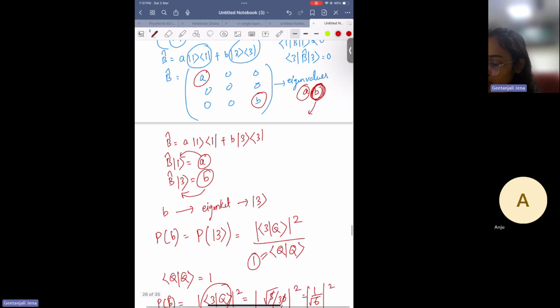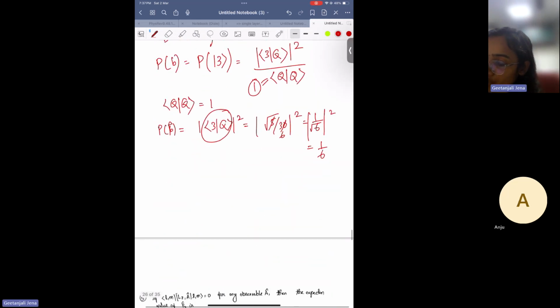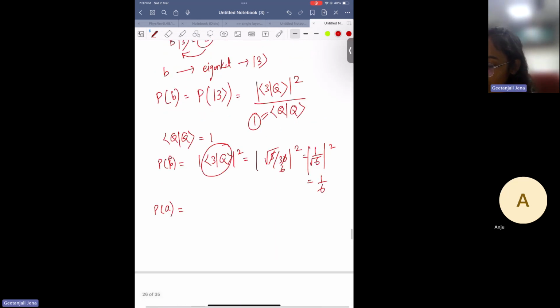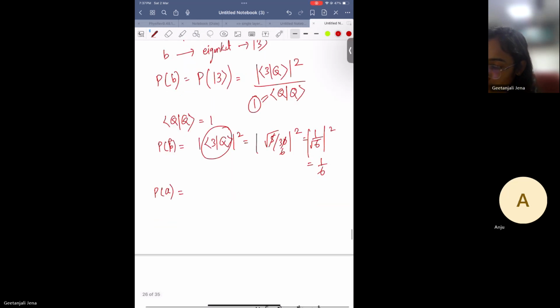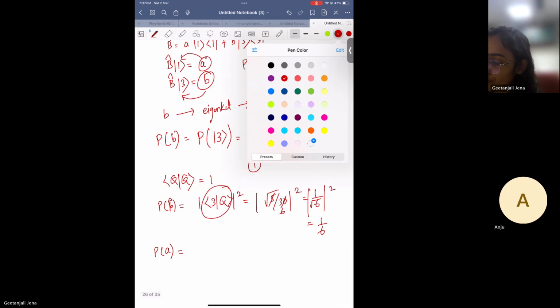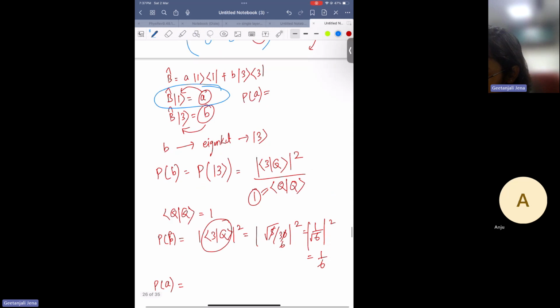Now if in the question they have asked what is the probability of getting A, then instead of B, first see what is the eigengate related to A, which is nothing but 1. Sorry, this is not the full eigen, there will be 1 here also, sorry, 3 here.